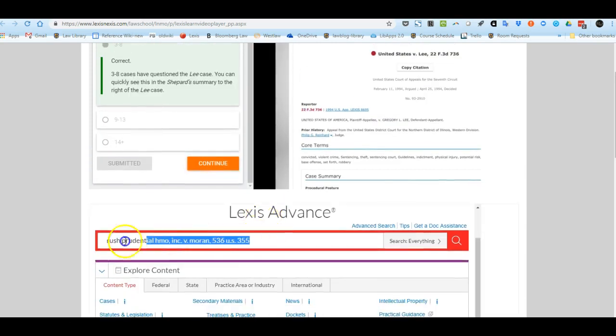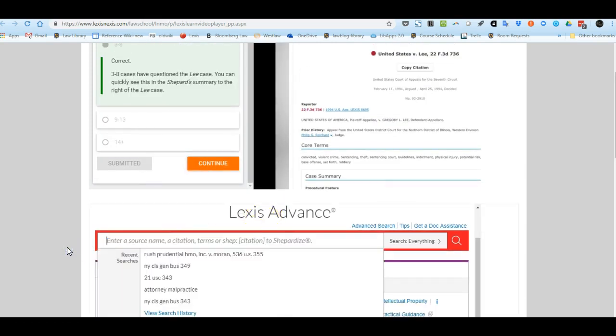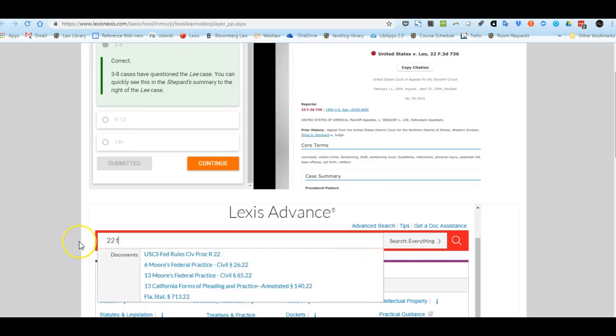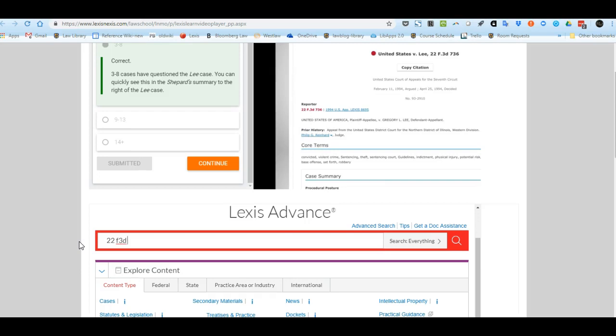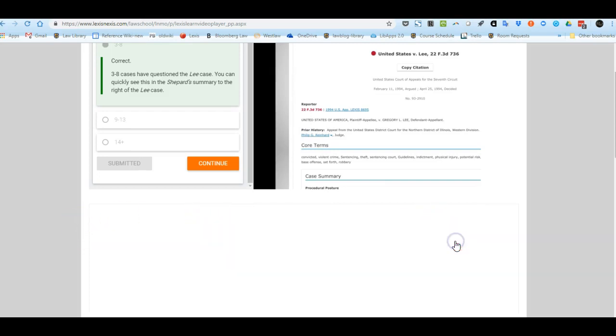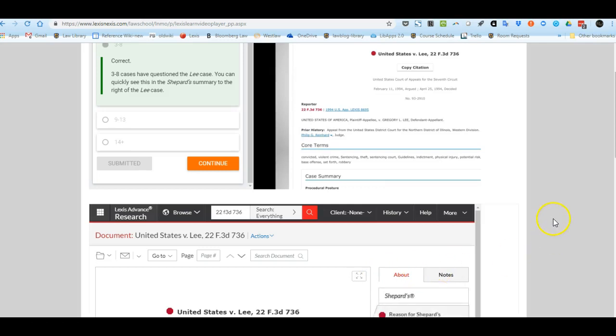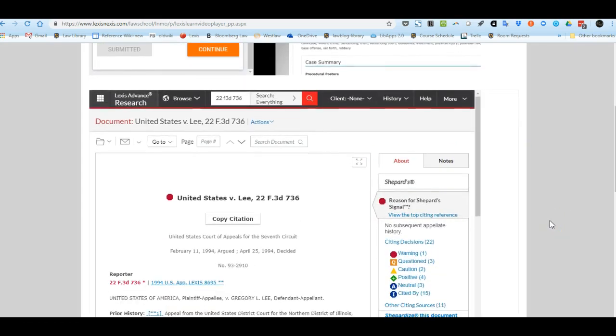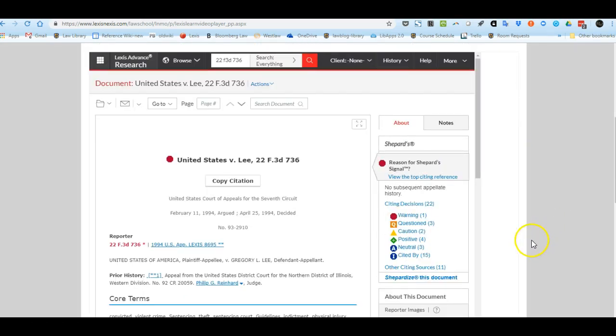So here in Lexis Advance, I'm pulling up the case. So it's just at the top here, 22 F3D 736. Okay, so team here to my left, Danielle and Jessica.